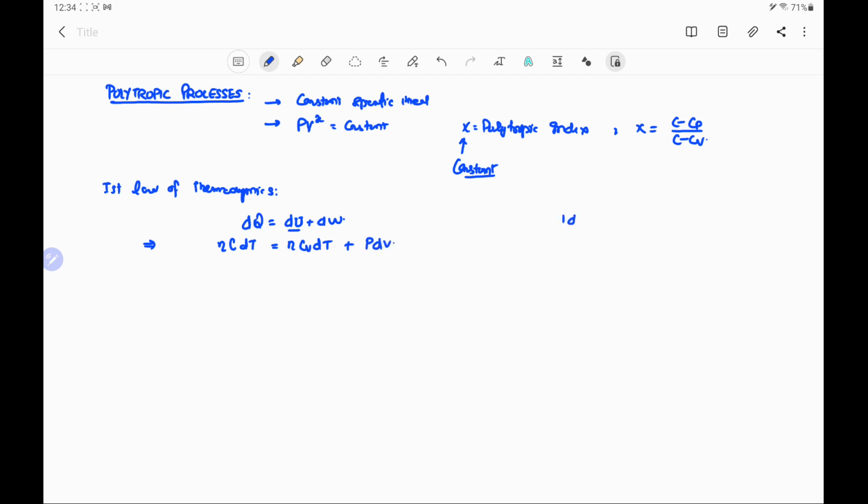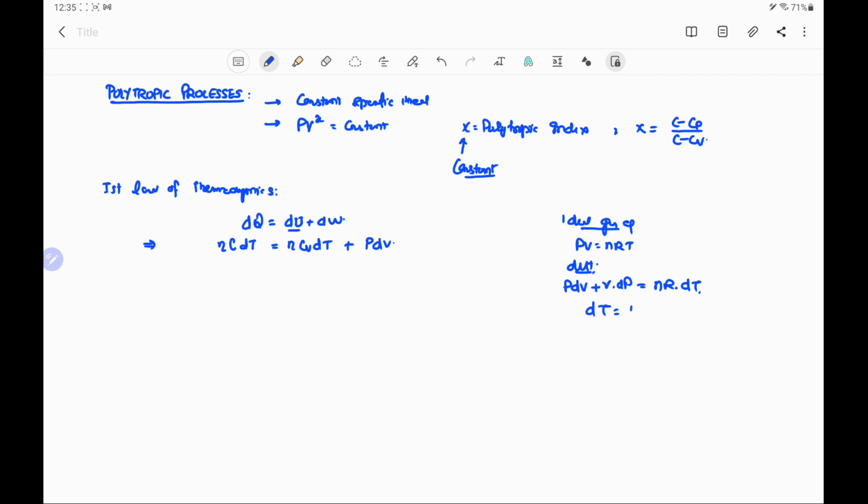Using the ideal gas equation PV = nRT, if we differentiate it, taking the pressure as constant and differentiating the second variable, and then taking the second variable as constant and differentiating the first, we get PdV + VdP = nR dT.